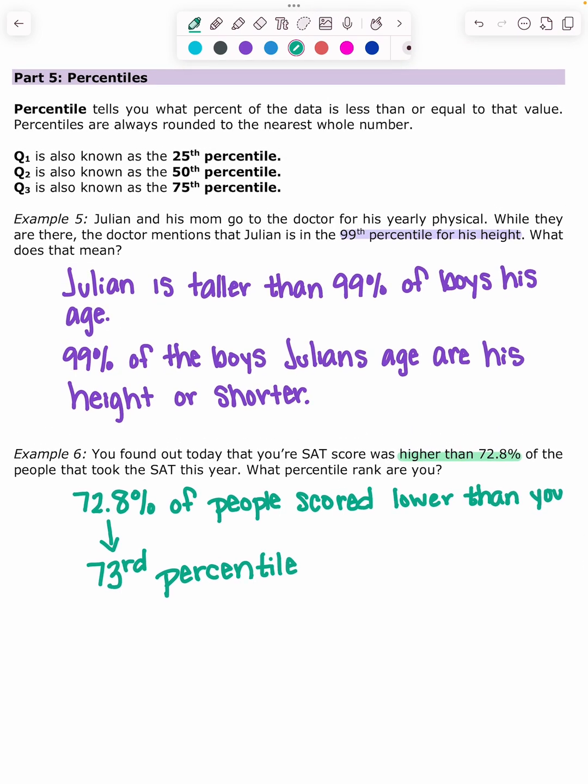We are going to do a little bit with percentiles now, and then we're going to come back and do a lot more with percentiles later. So please hang on to this information about how percentiles are always that amount or less.